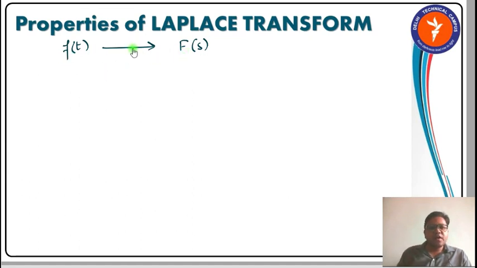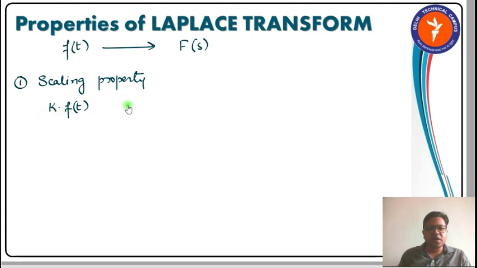So the first property is the scaling property. That is, if I have k f of t, that is the function has been scaled by a constant, then its Laplace transform will be k times F of s. That is, the scaling factor will not be altered while transforming from time domain to S domain.